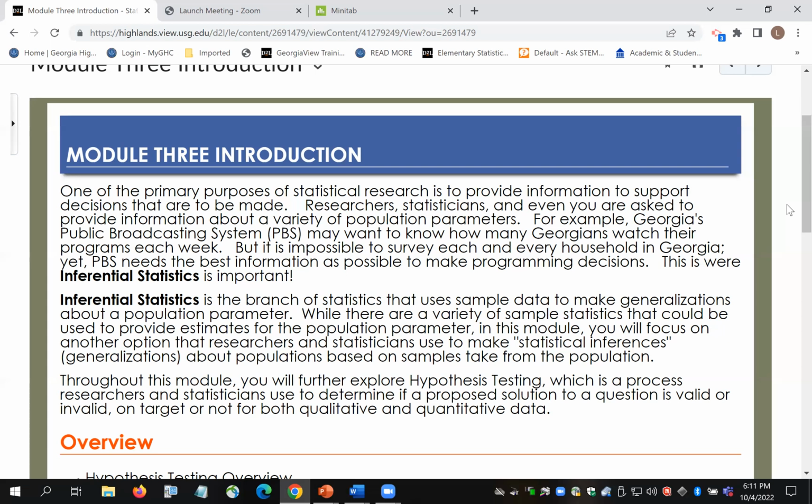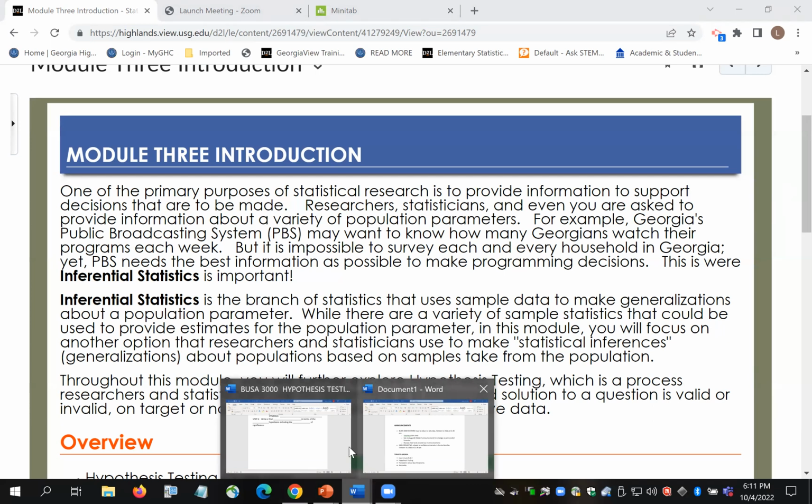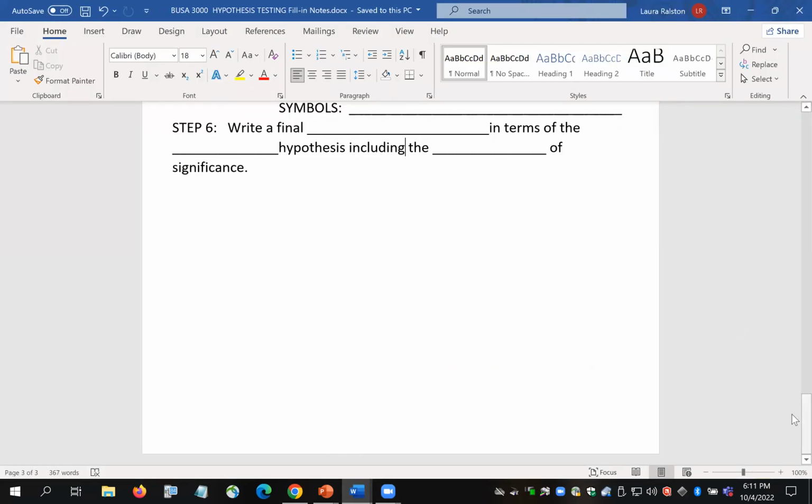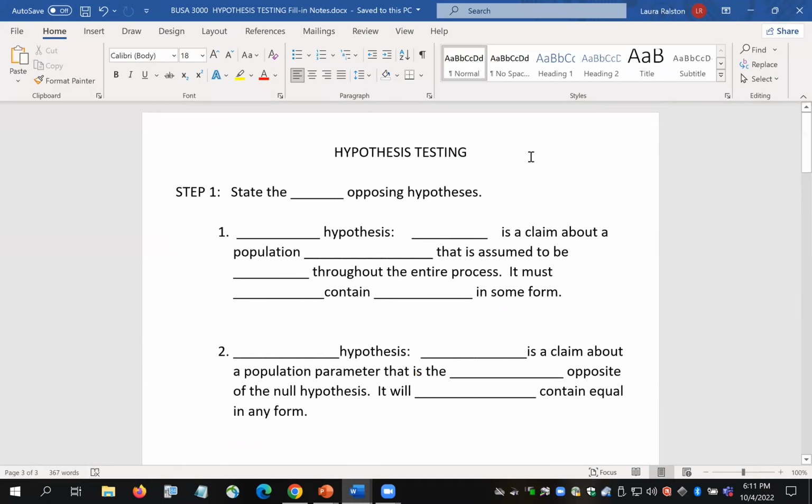You can think about hypothesis testing being similar to a court case, because in a court case, you're ultimately trying to decide whether the defendant committed the crime of which he or she is accused. And at least within the United States, we assume that the defendant is innocent until proven guilty.